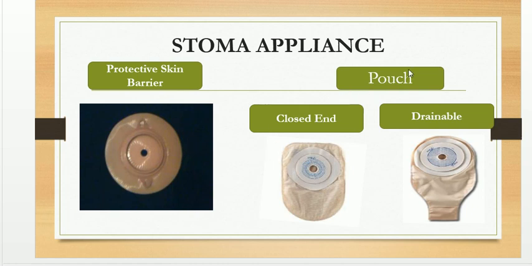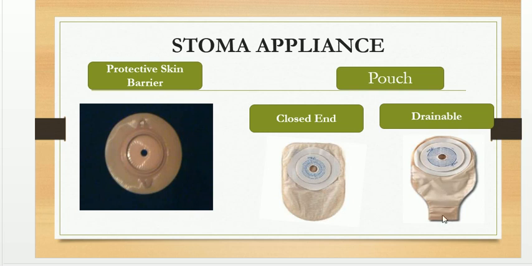So pouches, they're closed end pouches and drainable pouches. This is closed end. In these cases we have to remove it. Here you can see this is where we can empty the pouch. This is the part which is attached to the skin. It's a wafer type part of the stoma bag pouch. So it's drainable.